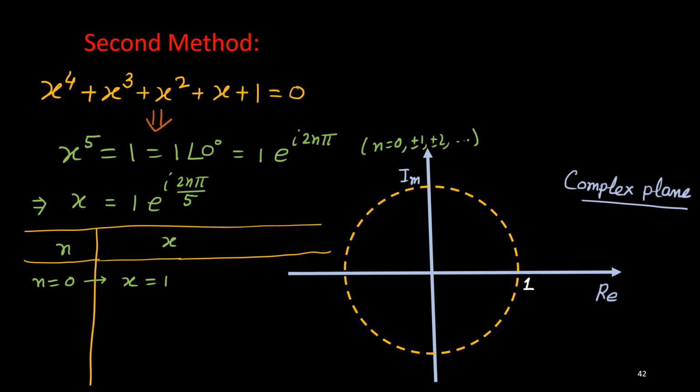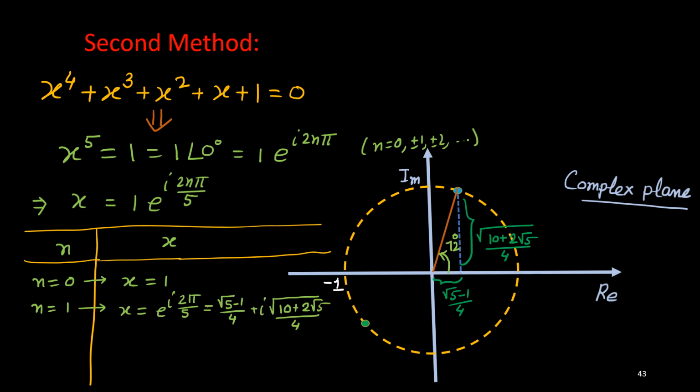Second one, with n equals 1, I'll get 1 into e to the power i times 2 pi upon 5. Now 2 pi upon 5 is 360 by 5, which means 72 degrees. So the phase is 72 degrees. So we can write cos theta plus i sin theta, cos 72 degrees plus i sin 72 degrees.